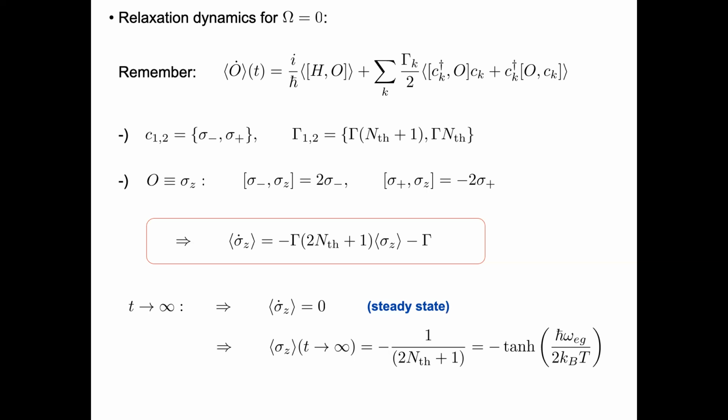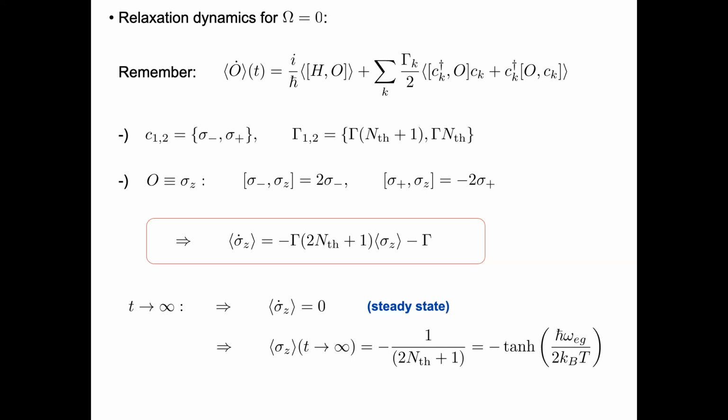Multiplying everything by this exponential minus 1, I get 2 times the exponential, then minus 1 plus 1, so I get e to the h bar omega over kB T plus 1, divided by 2.